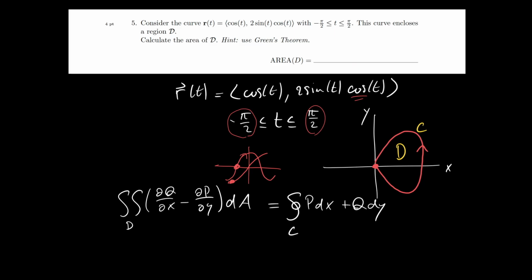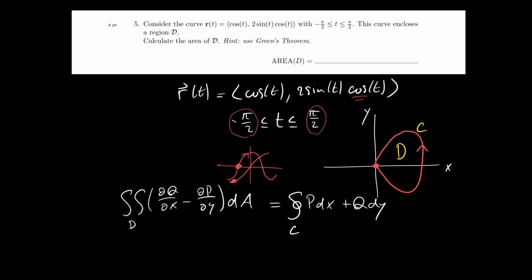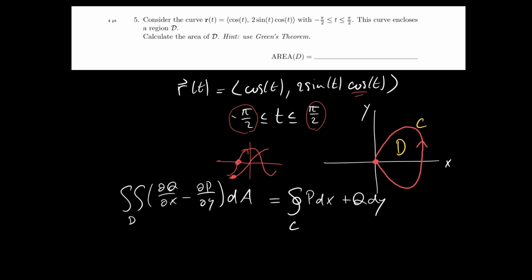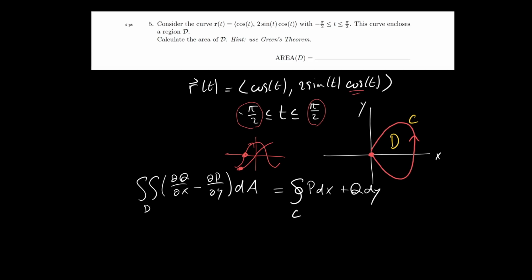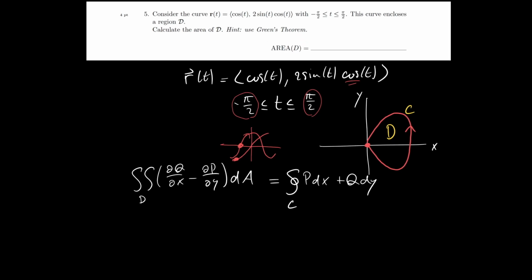Okay, now that's a very general thing. You might remember that this theorem can be used to calculate areas. In fact, you should remember that, because that's exactly what we want to do in this question. And the trick here is to choose the q and p functions such that those derivatives on the left-hand side will be equal to 1. So dq/dx minus dp/dy is equal to 1.